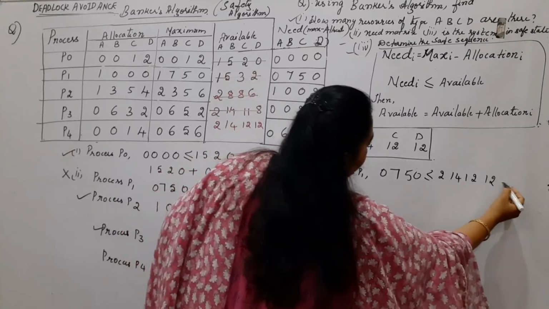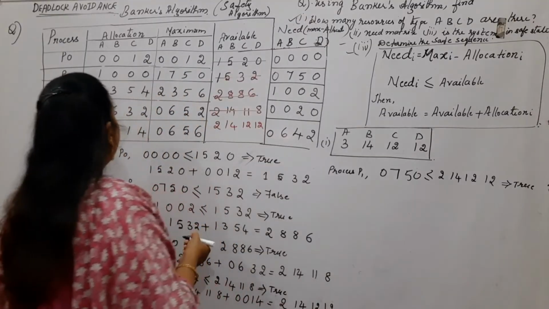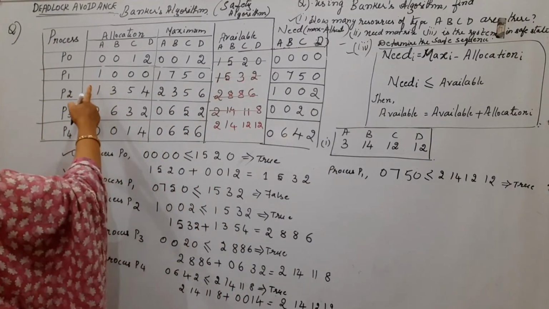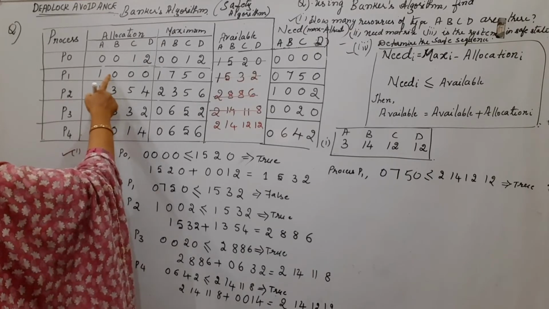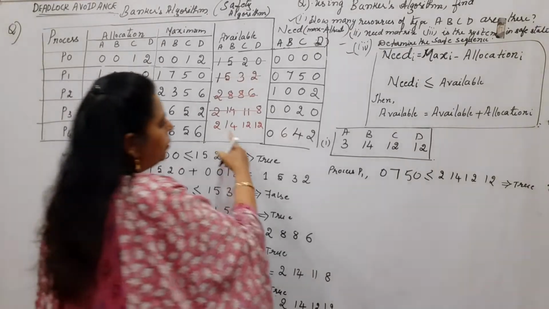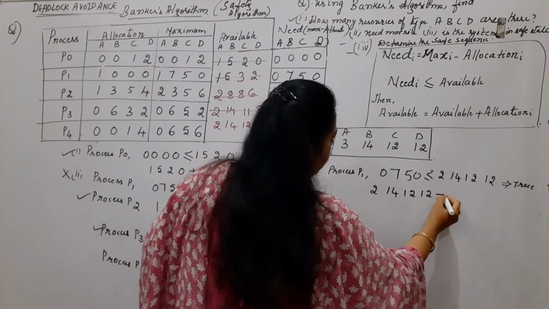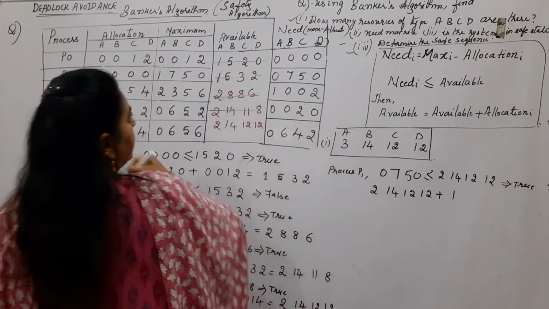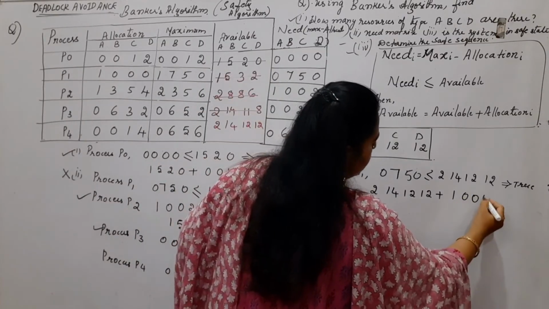Yes, it is true. Now the process P1 can also complete its job, and it will return whatever resources were allocated earlier to process P1. What was allocated? 1, 0, 0, 0. So the new available value is 2, 14, 12, 12 plus 1, 0, 0, 0.